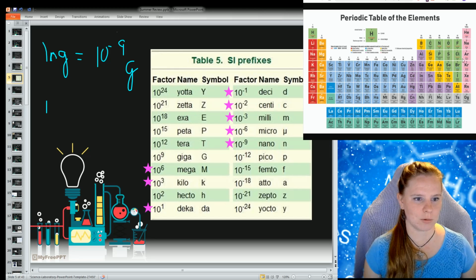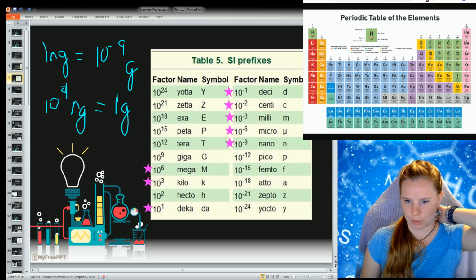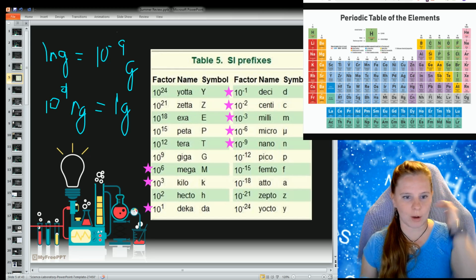And you can flip that. You could say in the positive 10 to the 9th nanograms, oh, I'm sorry, this is writing so terribly, is equal to 1 gram. Okay? And you can flip it either way, and they're both going to be a true relationship for you. Okay, hopefully that makes sense.